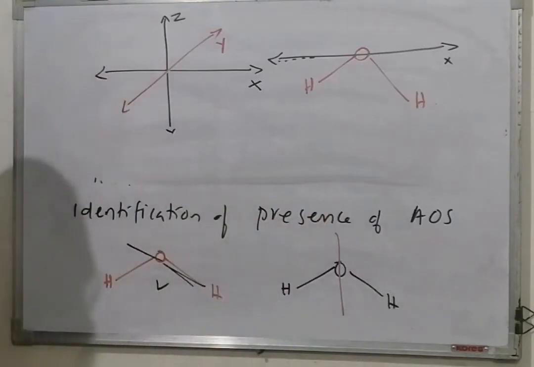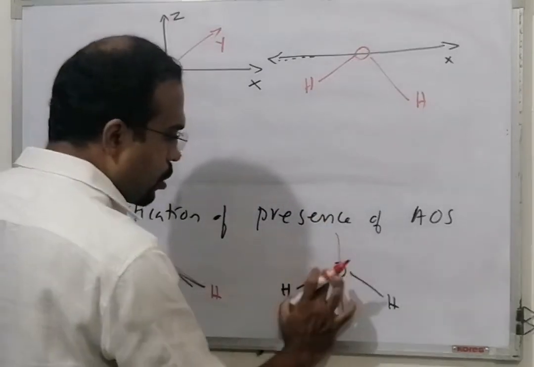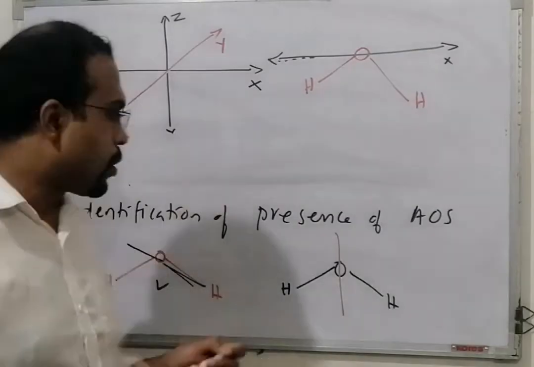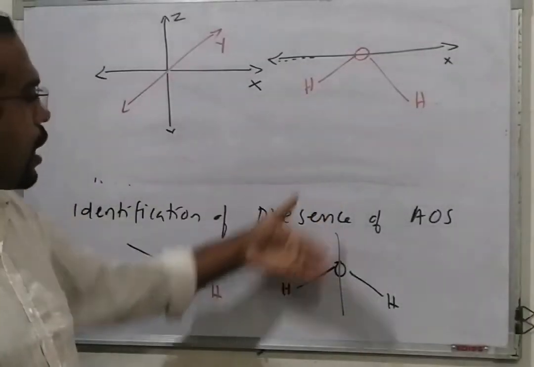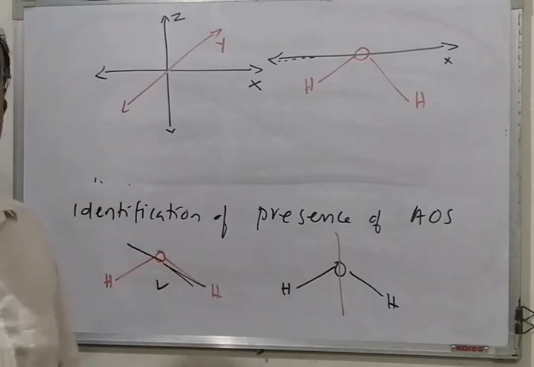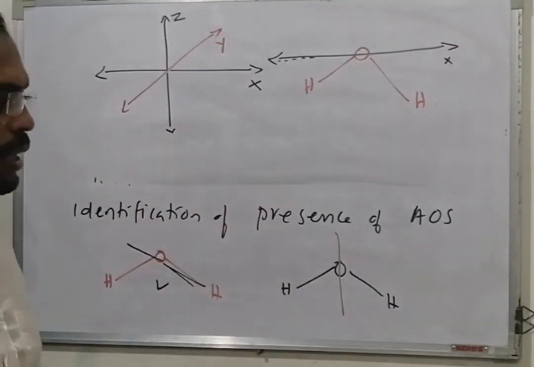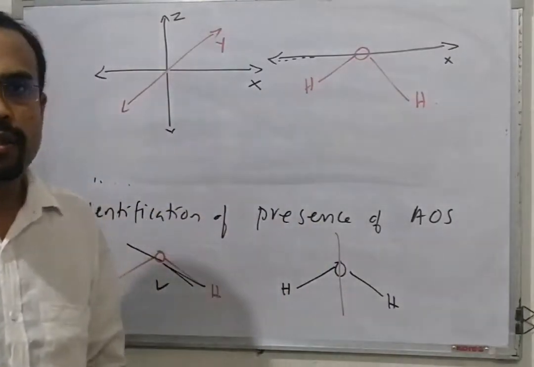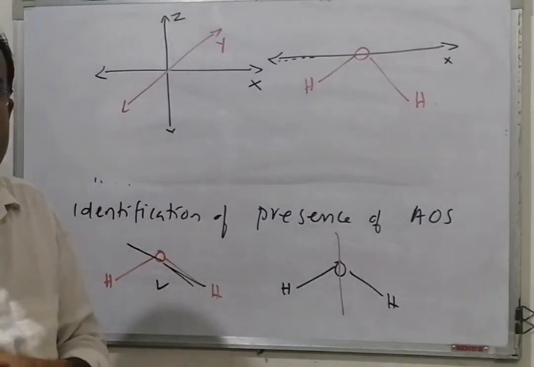Does this molecule have a z-axis? Yes, because this side and this side are equal. Therefore, water has an axis of symmetry along the y direction or z direction, but not in the x direction. So you have to be very careful when checking whether the molecule has an axis of symmetry.